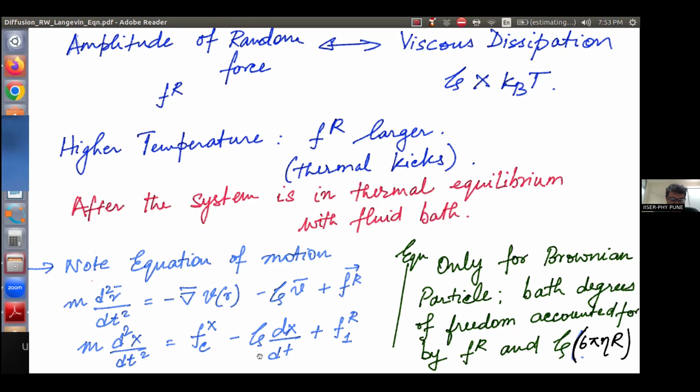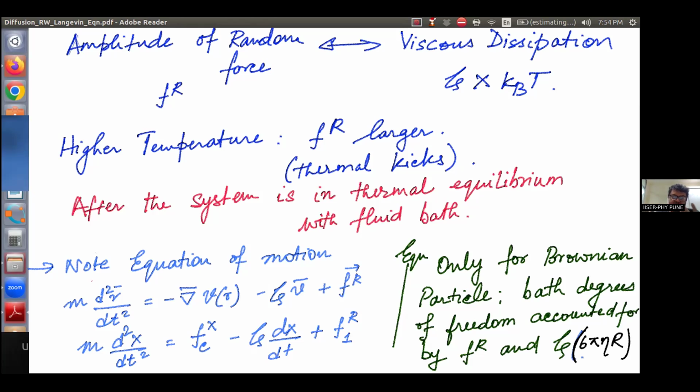And note here, previously we had a Brownian particle in a fluid bath. Here the equation of motion is written only for the Brownian particle. You don't have an equation of motion for the fluid particles.